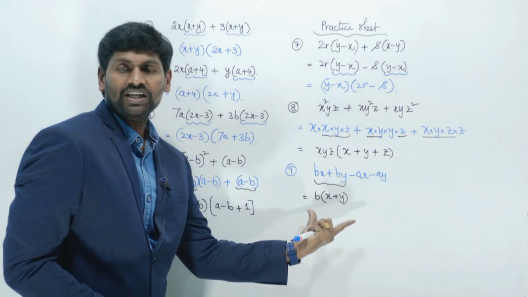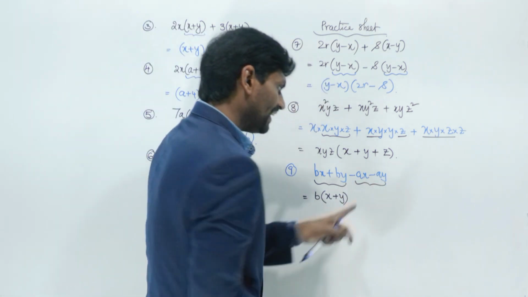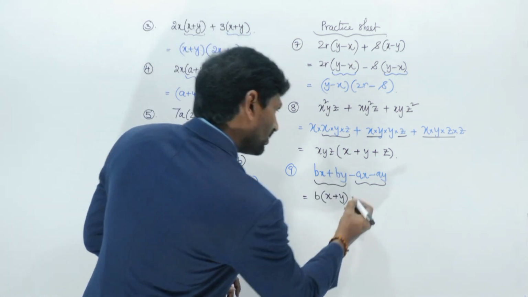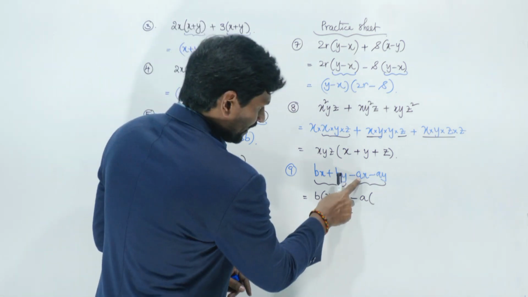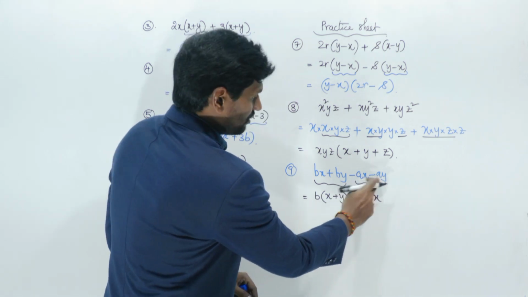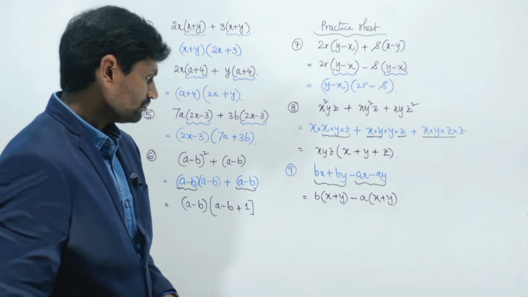So the first 2 terms I can write like this. Now from the second 2 terms, a is the common factor with a negative symbol, minus a. If I remove the minus a, what is remaining? X is remaining from the first, and y from the second. So x plus y.